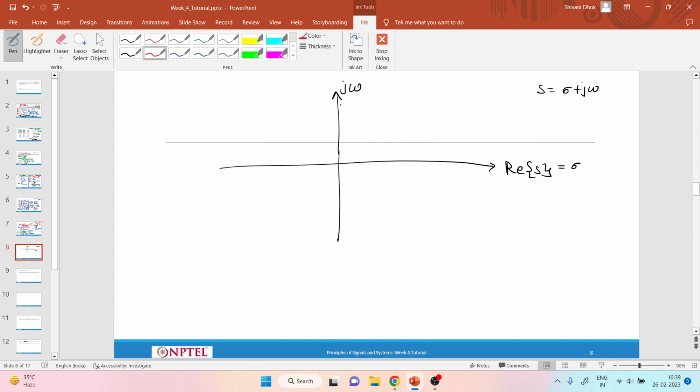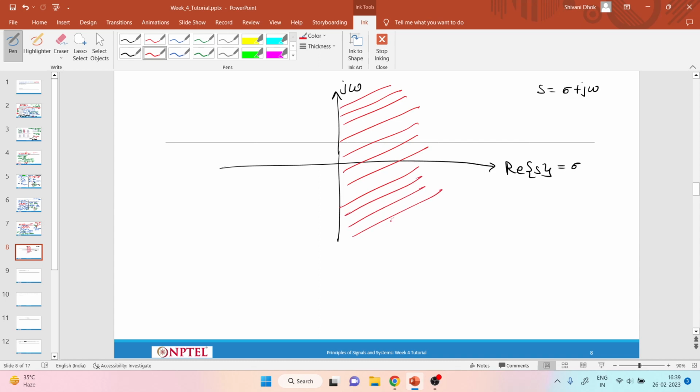It was something like this. So this is the region where my real part of s is greater than 0. Is there any equality here? Your real part of s is not greater than or equal to 0, it is strictly greater than 0.